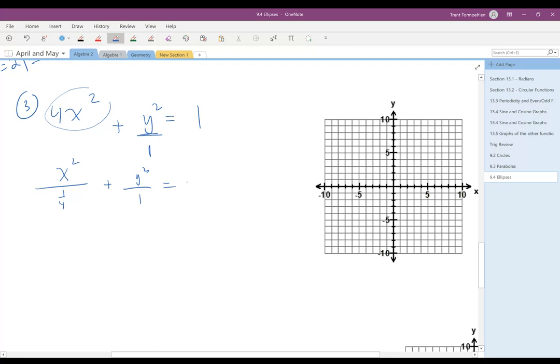And so this is what it would actually look like. So in this case, your a would equal 1, because 1 is bigger than 1/4. And the b value would equal 1/2.